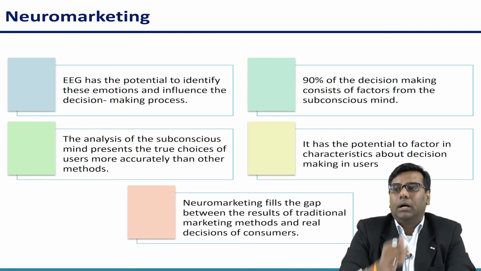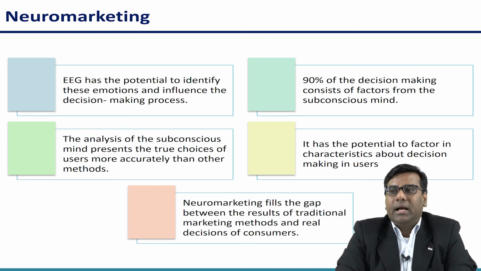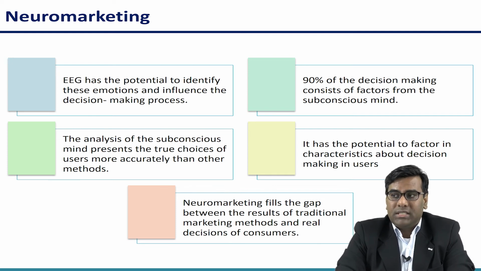Combining this, we call it neuromarketing. EEG has the potential to identify emotions and influence the decision making process, and 90% of decision making consists of factors from the subconscious mind.